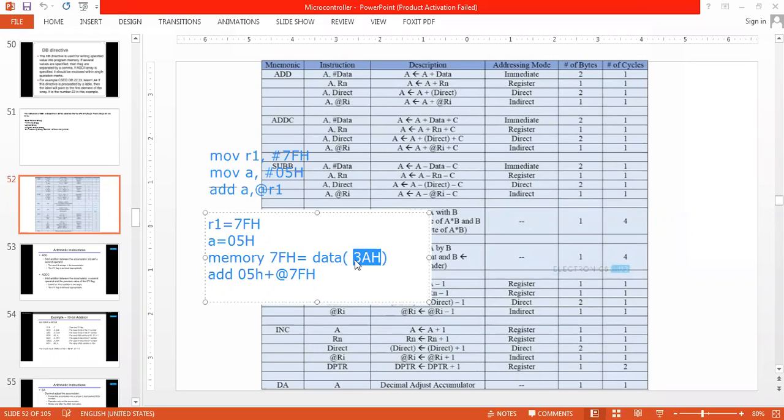3AH plus 05H. So again, A is going to hold the data. So A will be equal to what? 3A plus 05 will be what? 3FH. Right?